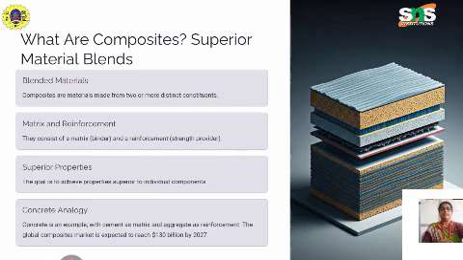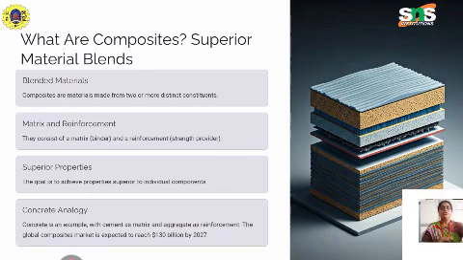What are composites? When we go for composites, they are superior material blends, meaning they are even superior to polymer materials. Composites are materials made from two or more distinct constituents. It does not contain a single material, but different materials.